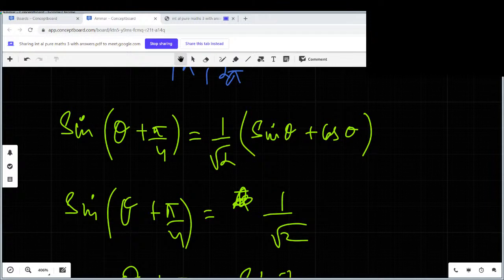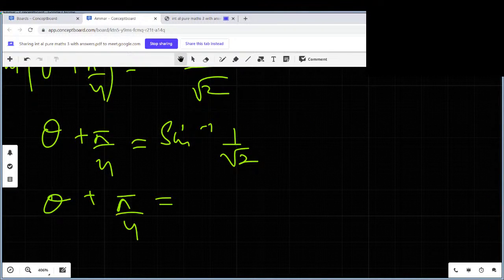I will get pi by 4, it will cancel out, and I will get again theta is equal to 0. And then it will repeat after pi, after 2 pi, and so on.